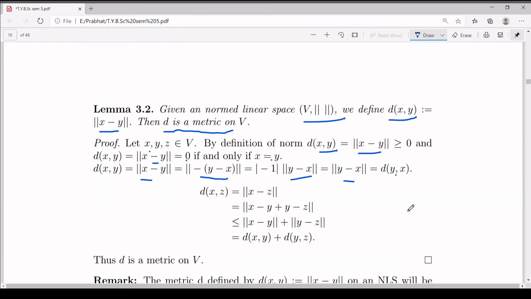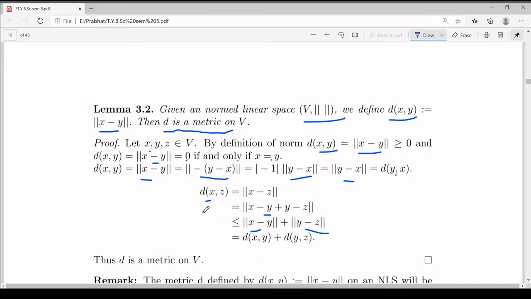Now let's see the triangle inequality. Norm x minus z is distance between x and z. So what you do is add and subtract y. Then by triangle inequality of norm, you will have norm of x minus y plus y minus z is less than or equal to norm of x minus y plus norm of y minus z.